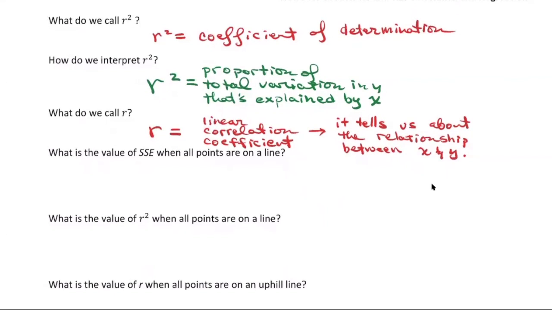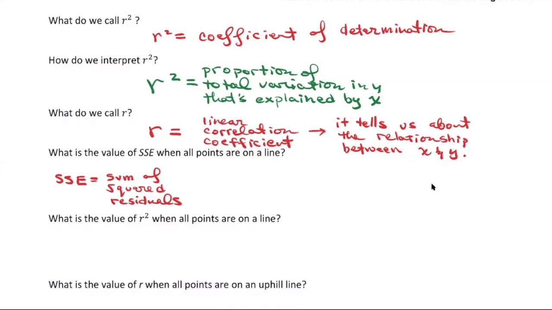So what is the value of SSE when all points are on a line? Now remember, SSE is the sum of squared residuals. The residual is the distance from the line to the point.